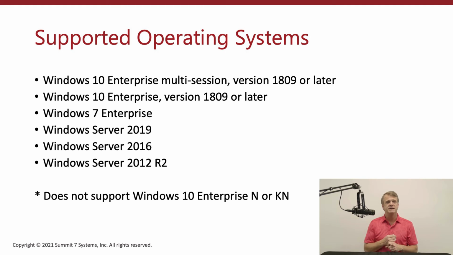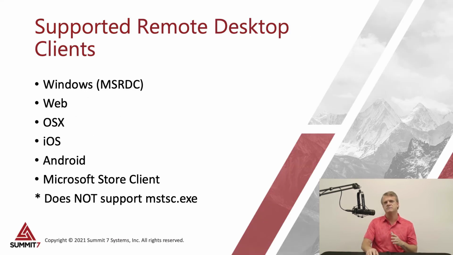Windows 7, not Windows 8, which is, I think we all know why. Windows 7 is still out there and Windows 8 is not supported. Windows Server 2019, 2016, and 2012. And I think that's really interesting, right? Because let's say we have developers who need a machine to test on, but it must be server. So this is supported, so we can still build those. Oh, by the way, it does not support Windows 10 Enterprise N or KN. So just make sure you get your licensing right.